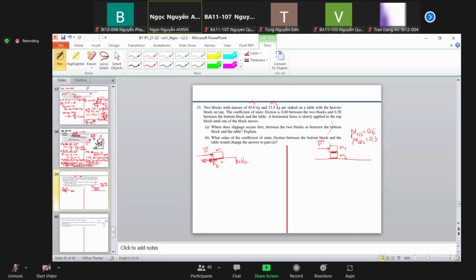Do you increase the static friction or not? And why? And when will the object start moving? That is the question.